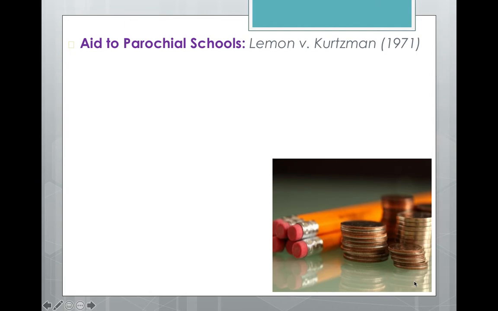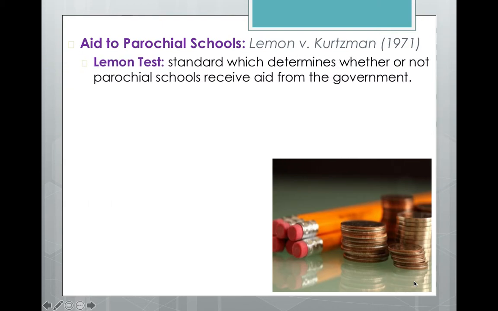Aid to parochial schools, Lemon versus Kurtzman, 1971. The Lemon test is the standard which determines whether or not parochial or religious schools receive aid from the government. Under this 1971 rule, parochial schools were not allowed to receive aid if the purpose of funding was not clearly secular.